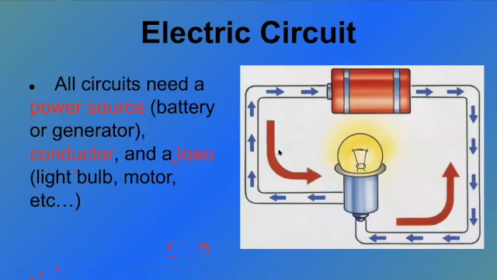But most circuits that we're going to see in science, we're going to have a battery, a conductor, which is a wire to move our electrical current, and then a resistor, which is going to use our electrical flow to accomplish some sort of goal, either producing light, heat, sound, movement, something like that.